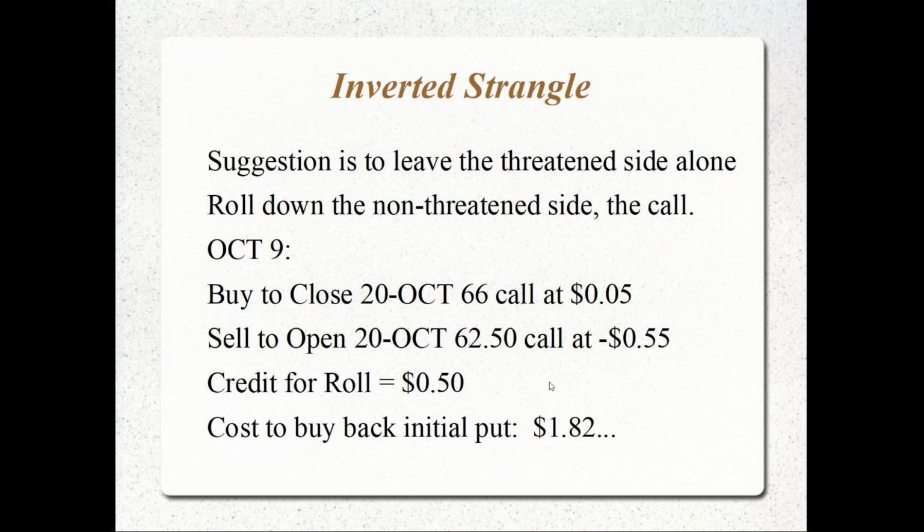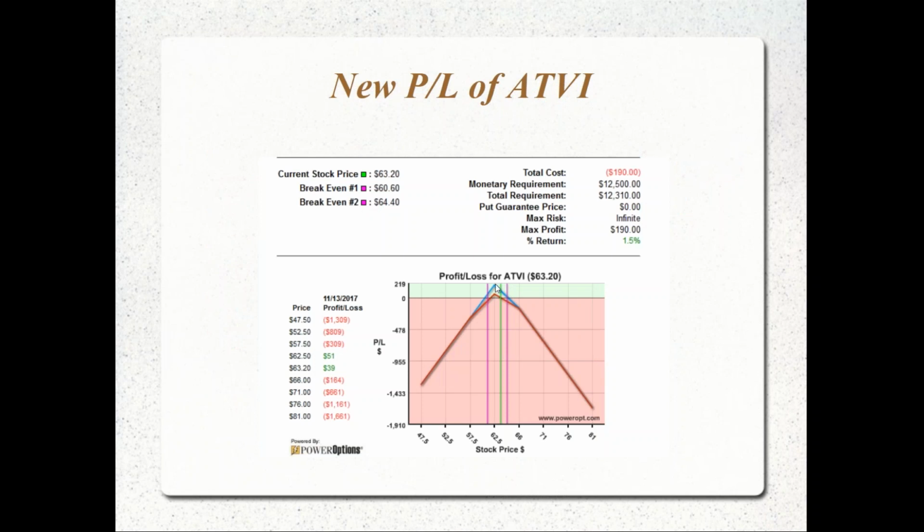Now it's important to note that the cost, if I had bought back the 62.50 put I had sold that's now in the money on October 9th, would have been 182. Okay. Here is the new position. Remember, we took in $1.45 initial net credit for my 62.50 and 66 short strangle.